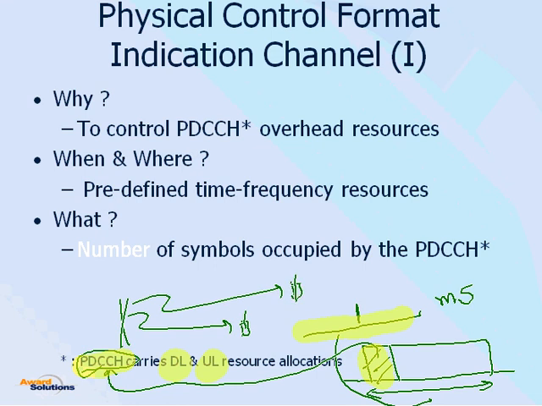So there is this control channel, the physical downlink control channel. It gives the UE uplink resources and allocates the UE downlink resources. Everything is allocated by the E node B using that channel.